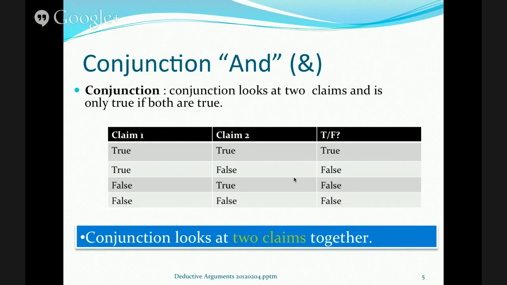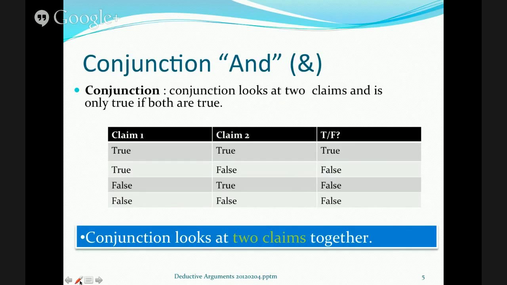If one of them is true and one of them is false, a conjunction is false. Let me give an example. Abe is Prime Minister of Japan, and Dr. Kamazinski is the governor of Hokkaido. It is true that Abe is Prime Minister of Japan. It is false that I am the governor of Hokkaido.